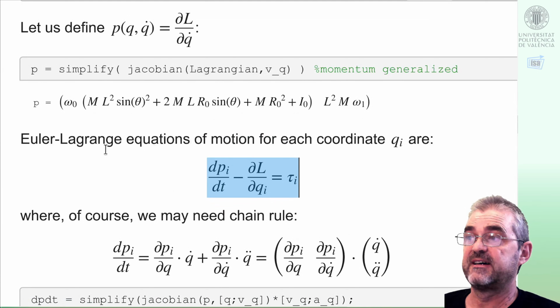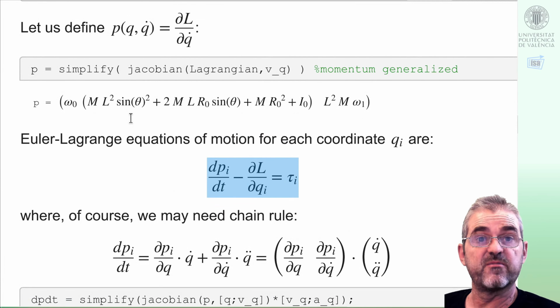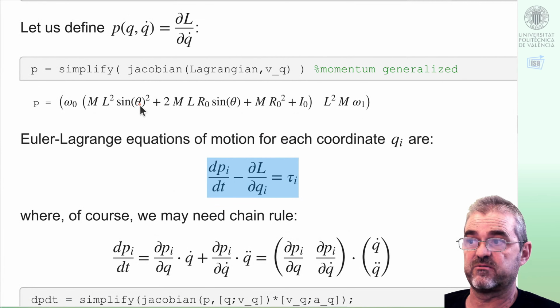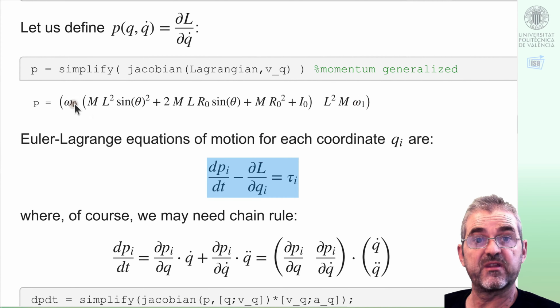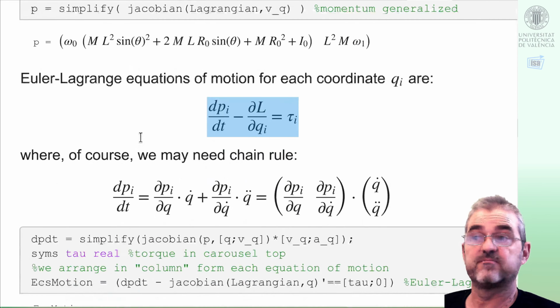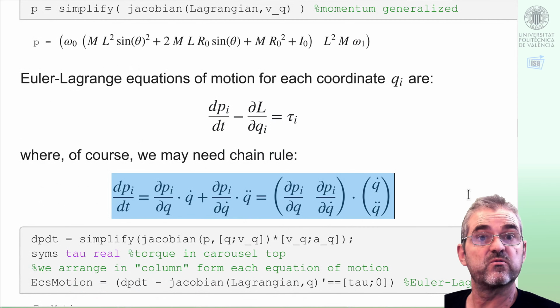Of course, as this P is something in which I get angular positions, look at this theta here, and angular speeds, look at this omega 1 and omega 0, then I need to carry out the chain rule as I did with the acceleration. That's why I explained it, even if we were not explicitly using it.